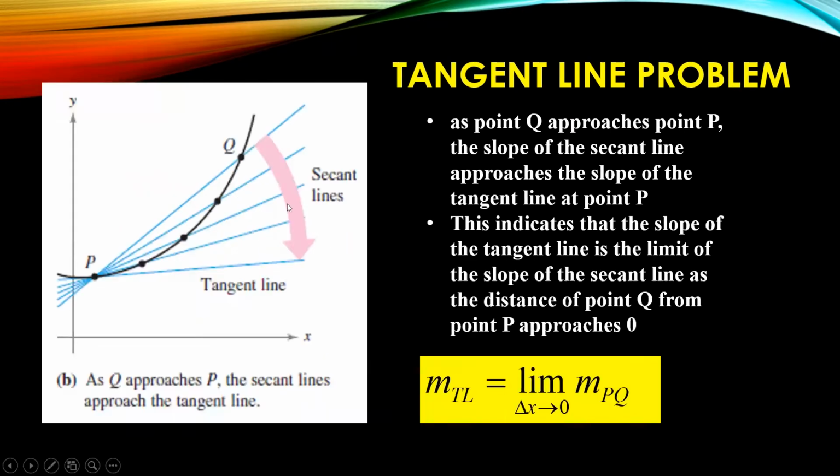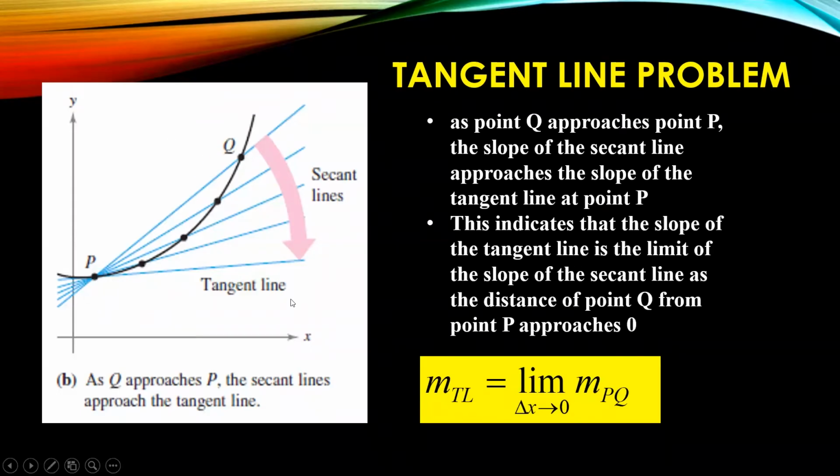Next. So what do you notice, guys? This one, for example, from P to Q, this is what you call a secant line because it crosses at 2 points, right? And then as I move closer and closer, like let's just say, from Q, if I move closer and closer to letter P, such that the delta x becomes smaller and smaller, don't you notice that the slope decreases and decreases until it reaches that point only?